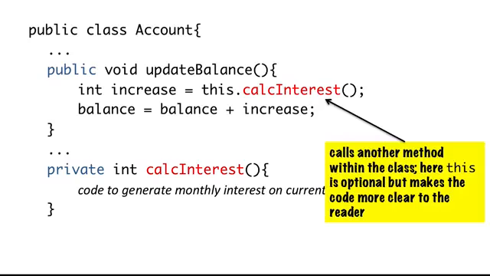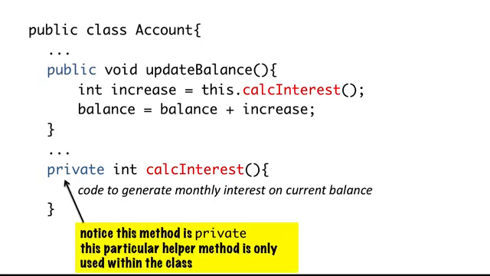When you're calling a method within the same class, it may be helpful to use the keyword this to emphasize that you are using one of your own methods. Notice also that we made the helper method calcInterest private because it will not be used by other clients, only by the objects themselves. It doesn't need to be accessible outside of the object.